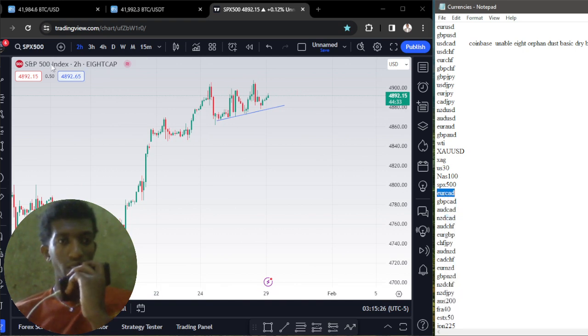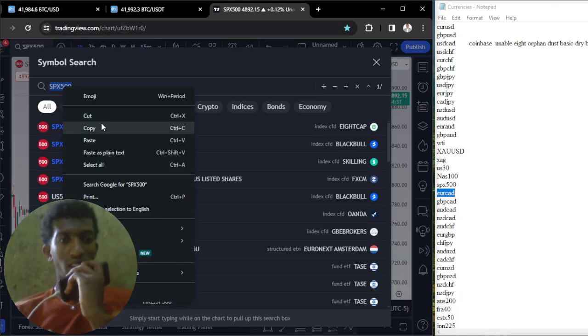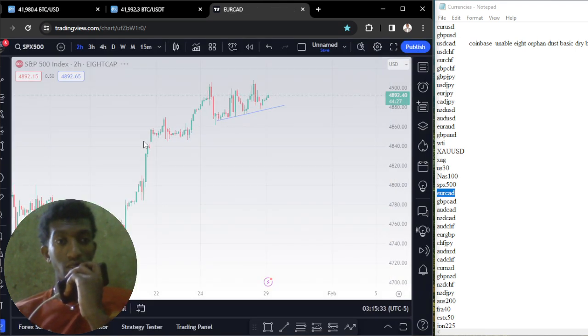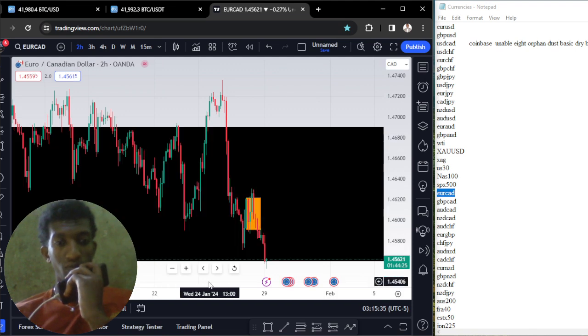SPX and S&P 500, no trade, the same thing. Indexes have no trade at all, since it is Monday, so that's why.